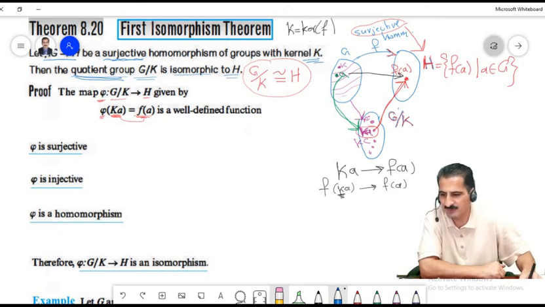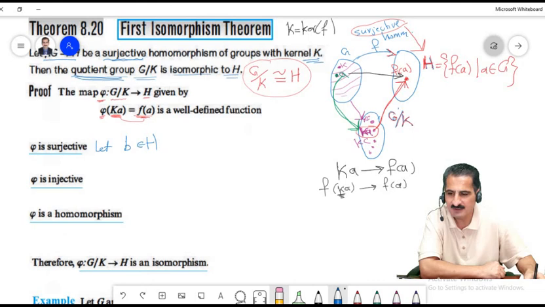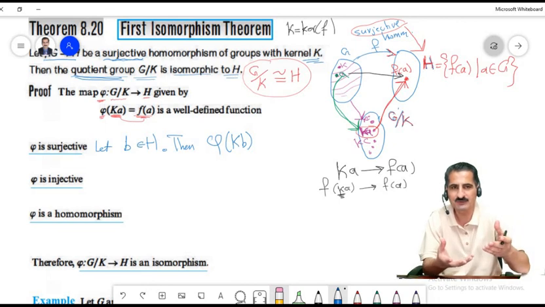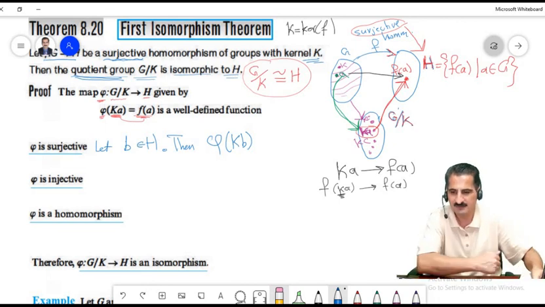To prove it's surjective, we want to choose an element from H. So choose b belonging to H. What we want is to find the coset that goes to b. So we chose an element from H, and I want to show it has a pre-image as a coset.